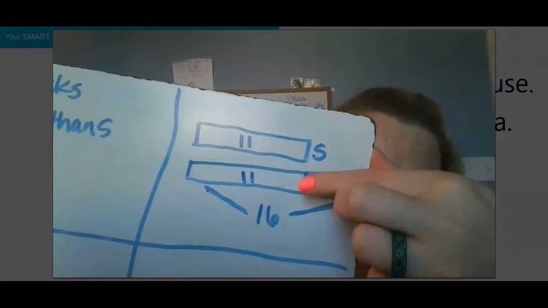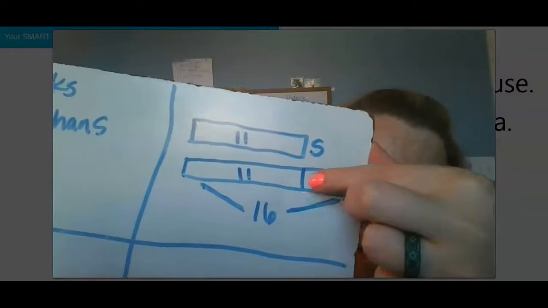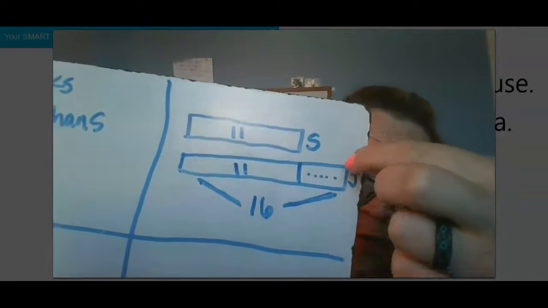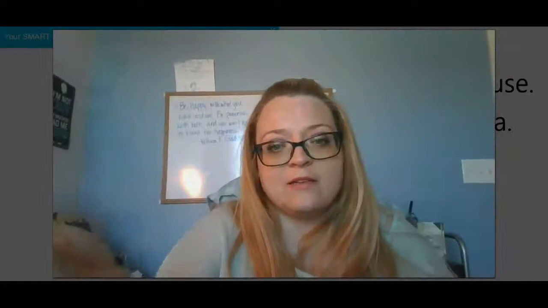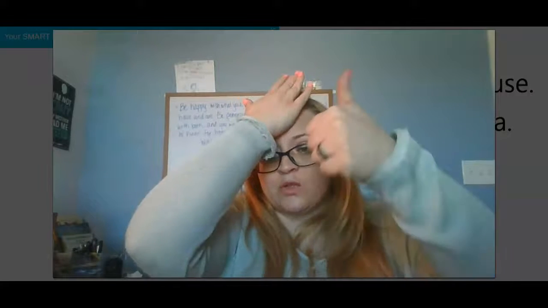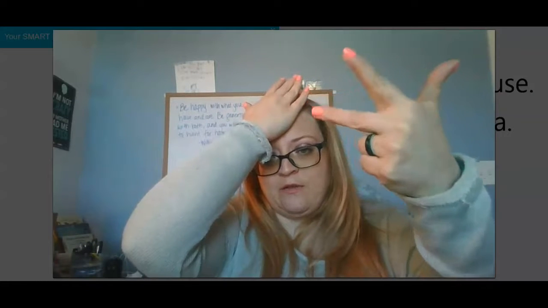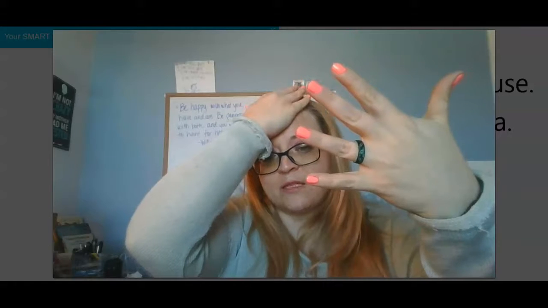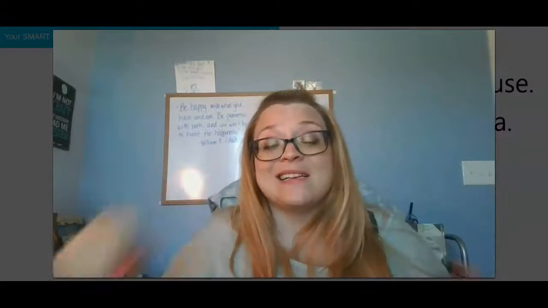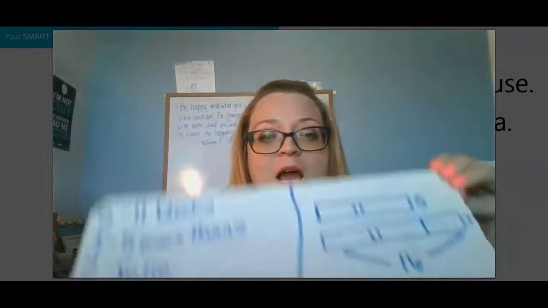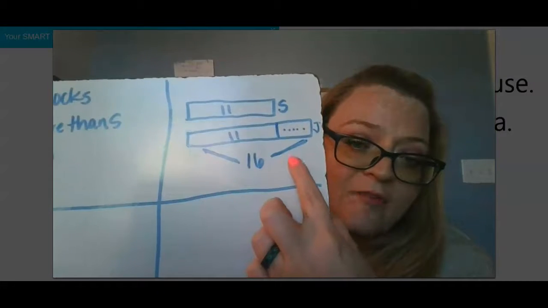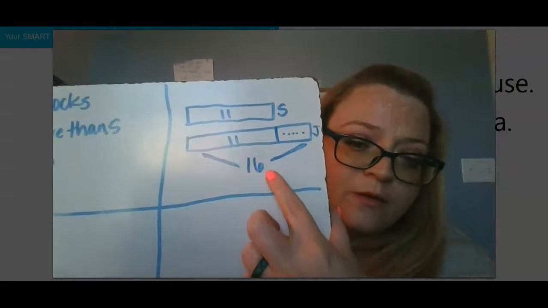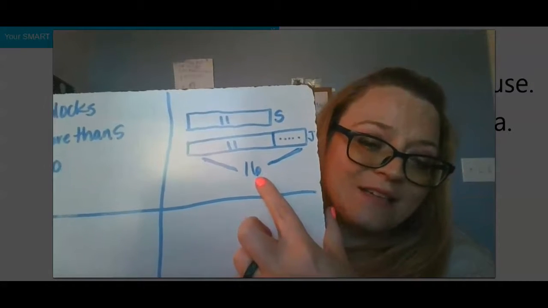Here's her 11 that Julio also used. But then he did 5 more. So what we're going to do is scoop up 11, 12, 13, 14, 15, 16. How many blocks did Julio use? 16. That's why underneath I have my whole, saying 16.